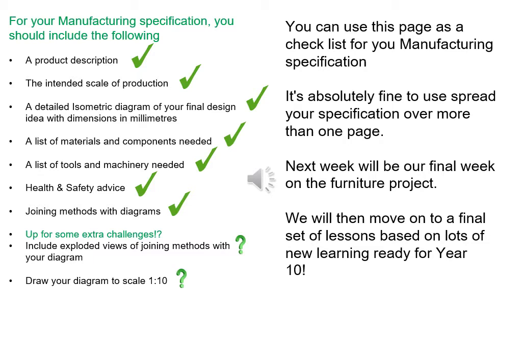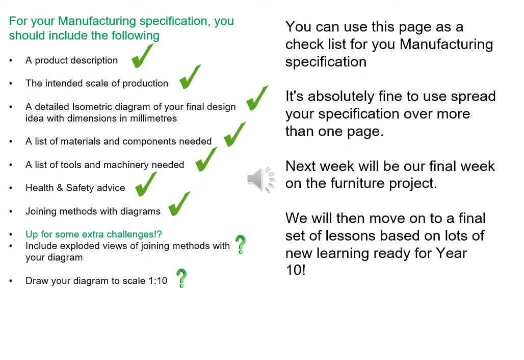So that would be the materials that the product's going to be made out of, the components, so the bits and bobs that you might need to join your product, any adhesives or anything like that, a list of tools and machinery needed, health and safety advice, joining methods with diagrams, and if you're up for some extra challenge, include those exploded drawings of joining methods to your diagram, and then also an extra challenge again to draw your diagram to scale of 1 to 10.